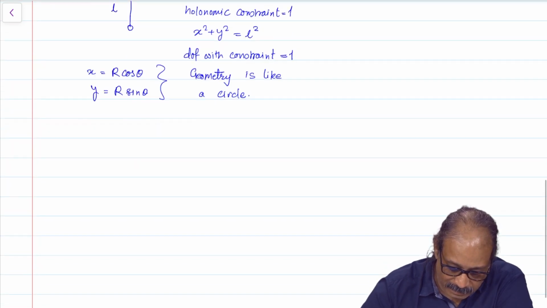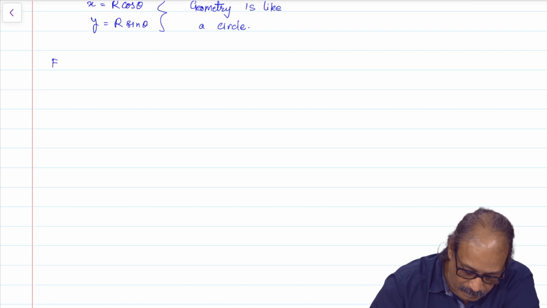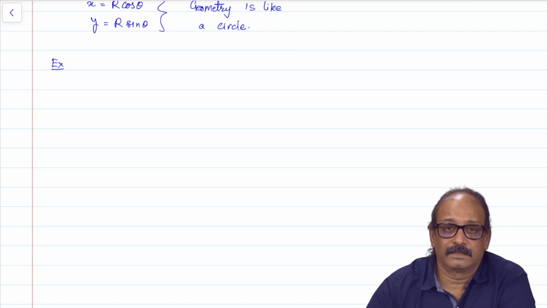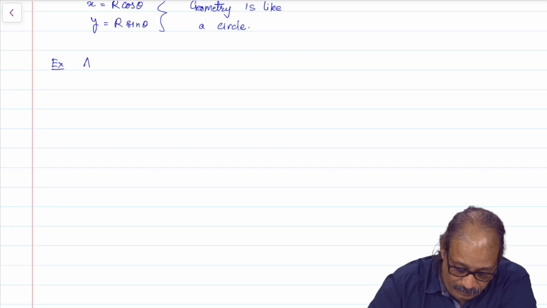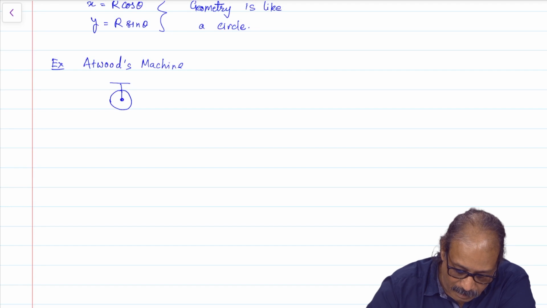Let me take another example. This is our Atwood's machine, which we discussed earlier. So, there is a pulley which is suspended and there is a mass 1 and there is a second mass here.